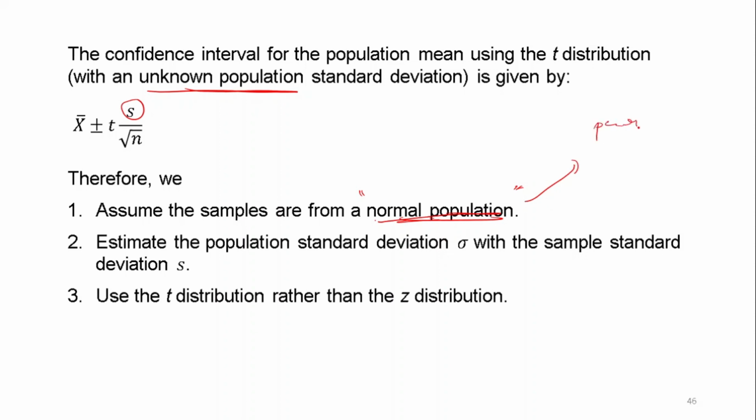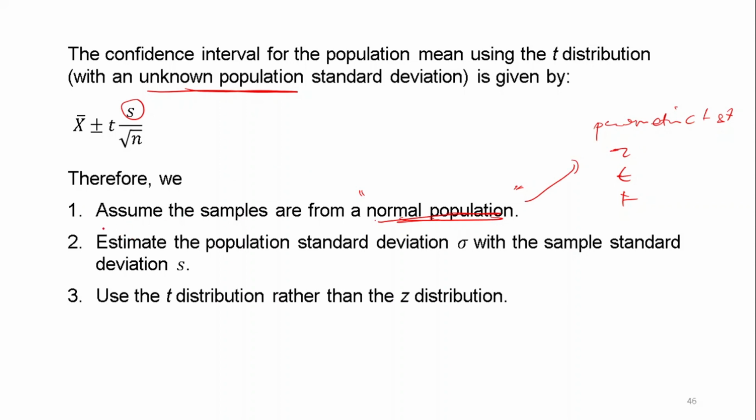Parametric tests include the Z and T tests. If your population or sample is not normal, you need to use a non-parametric test, but it has conditions. Later we will see that in the next slide.